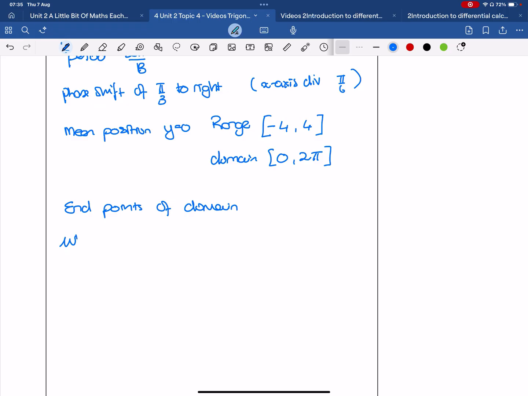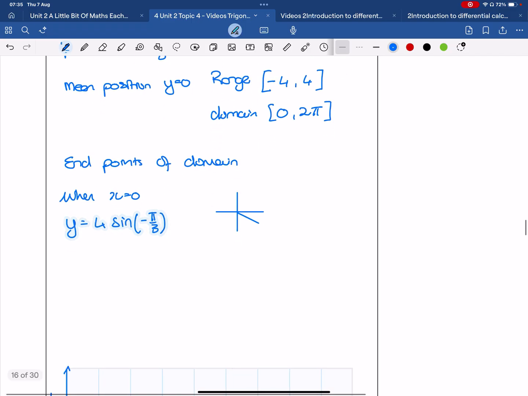So I'm interested when x equals 0, y will be 4 sine of -pi on 3, and negative pi on 3 is in quadrant 4, sine is negative in quadrant 4, so y will be -4 sine pi on 3, and sine pi on 3 is root 3 on 2, so -4 root 3 on 2, and that becomes -2 root 3.